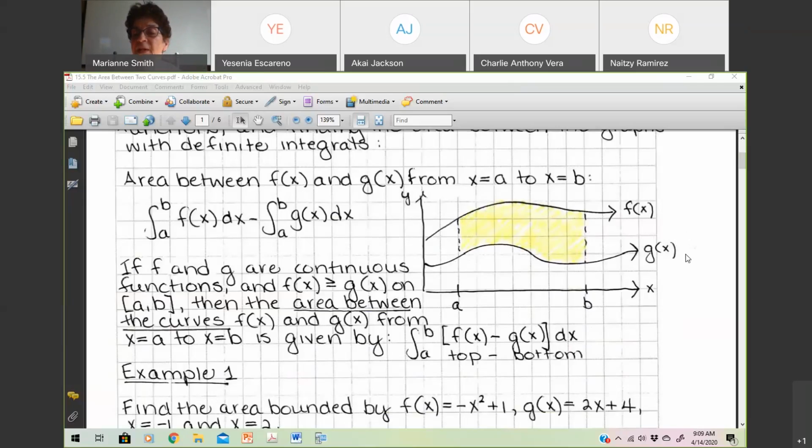Because remember, definite integrals give you the area between your curve and the x-axis, so I'm doing a subtraction to net out the difference. Anybody else? Okay, good. I have 2 yeses, and I think there are 5 of you on.